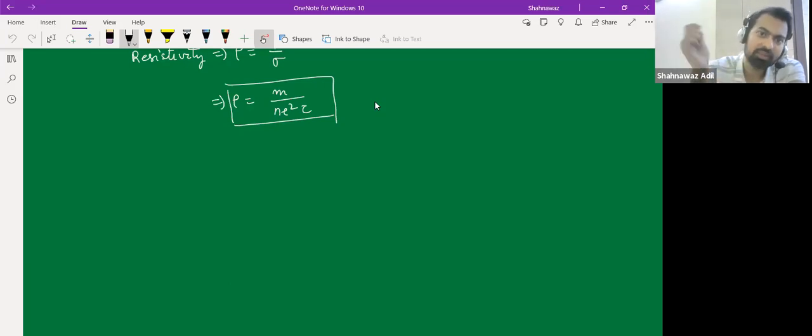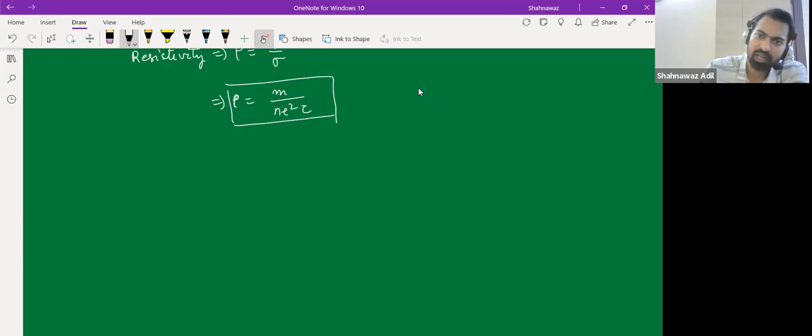Now the charges are colliding faster, so they will not get so much time to relax, right? Is that clear? Yeah. So if I increase the temperature, then they will get less time to relax, which means that this rho will increase. Understood? This resistivity will increase.